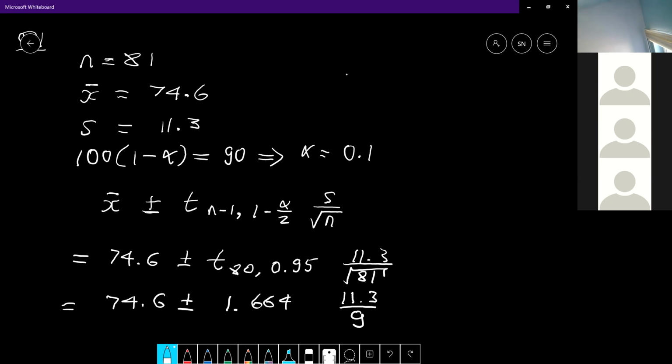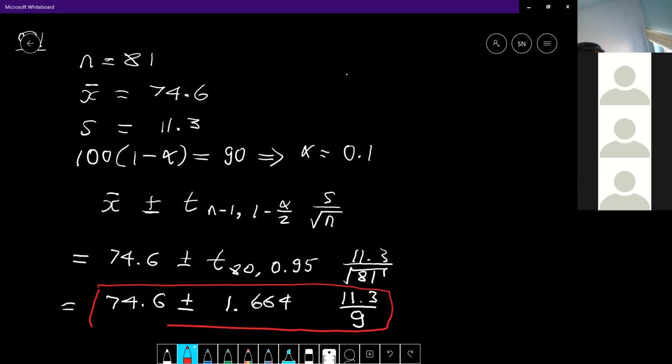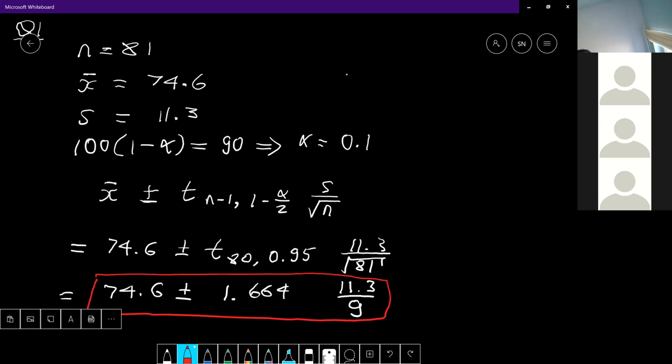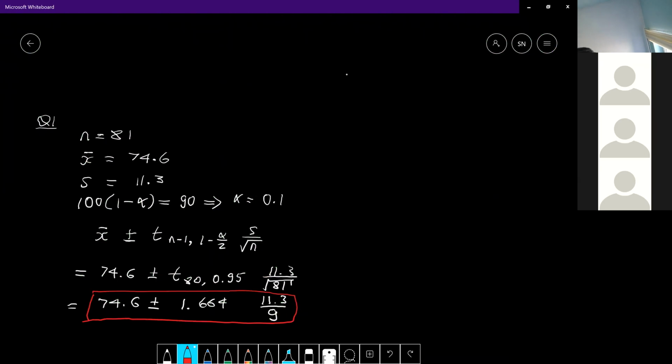Okay, so this is the answer for question 1. Of course, if you have a calculator, you can work this out.